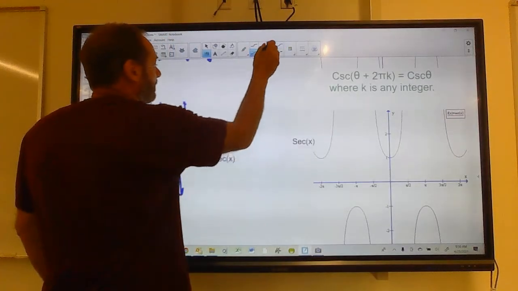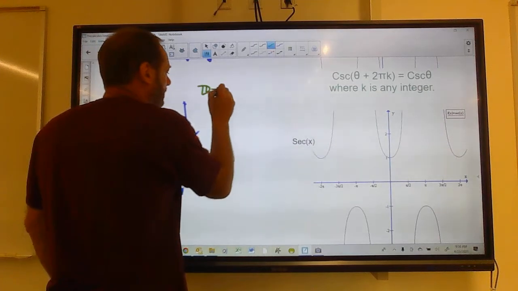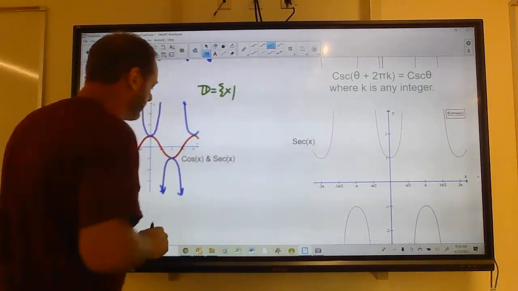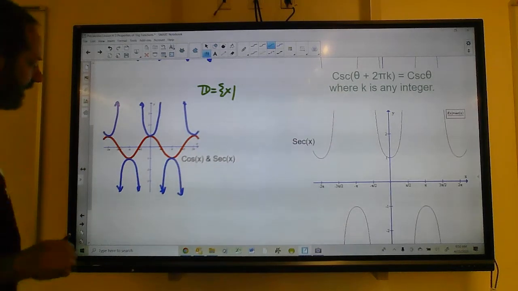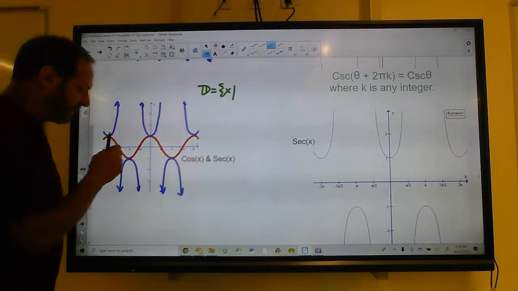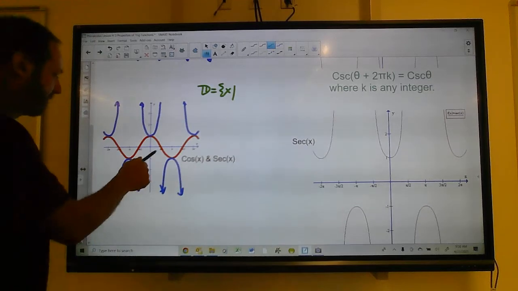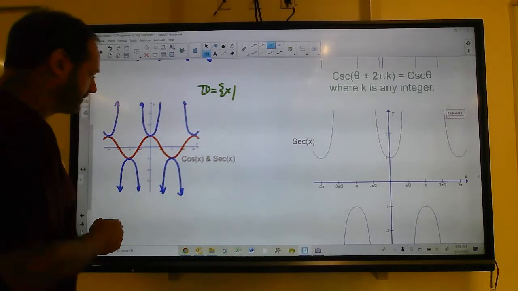So when I write the domain here, the domain is all the x's. Okay, now x cannot be, these are multiples of pi over 2 here. So I've got pi over 2 and 3 pi over 2.